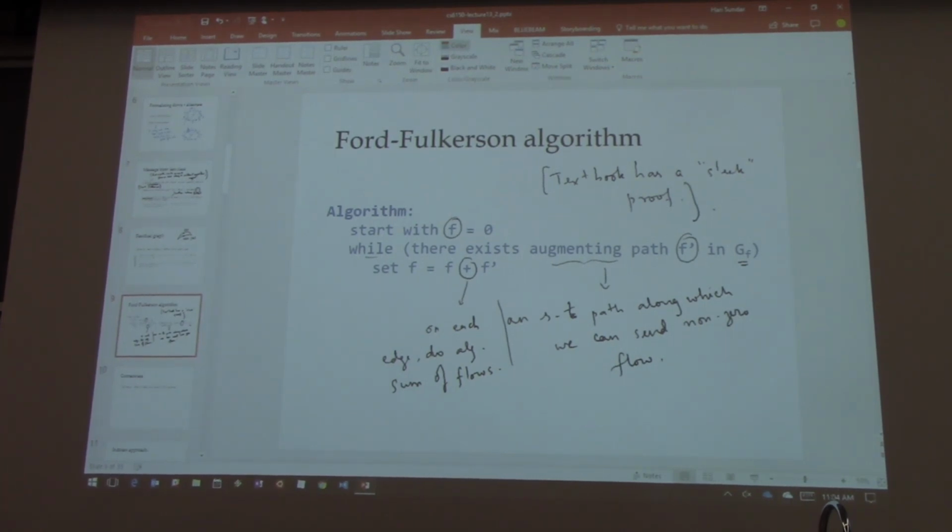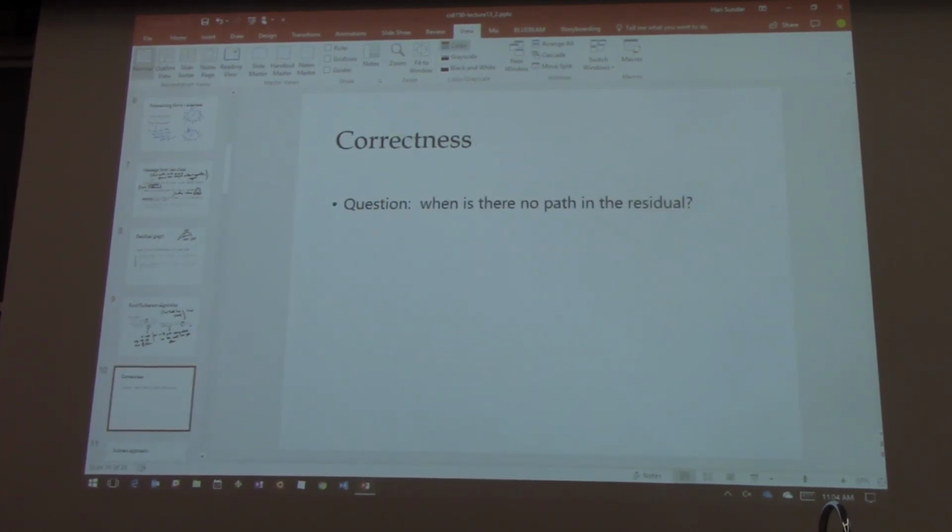The question we've got to ask ourselves is: what is the stopping condition? The algorithm stops if G sub F has no augmenting path.